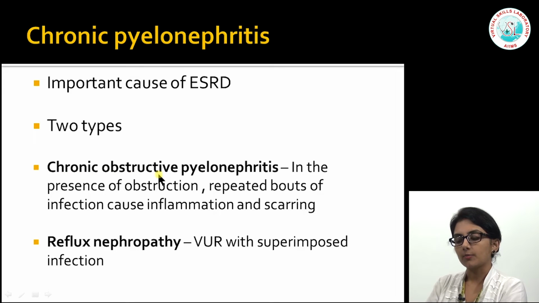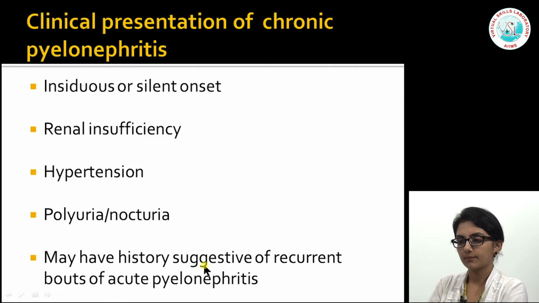One is the chronic obstructive pyelonephritis, in which, in the presence of obstruction, repeated bouts of infection cause inflammation and scarring. Or you have reflux nephropathy, where the predominant pathogenetic mechanism is the vesico-ureteral reflux, and the sterile urine which is going into the kidney is damaging the kidney, which may then have superimposed infections and a secondary pyelonephritis.